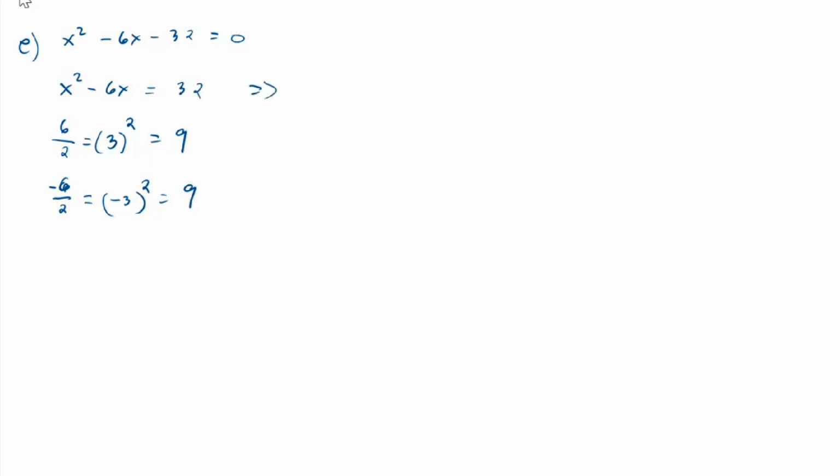So I'm going to write x squared minus 6x plus 9 equals 32 plus 9. The factor of this is the quantity x minus 3 squared, and 32 plus 9 is 41.